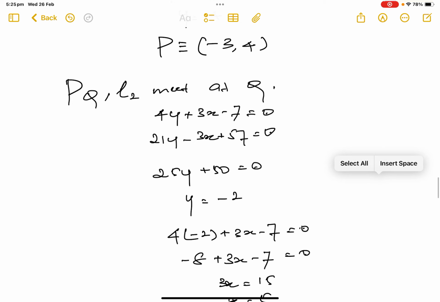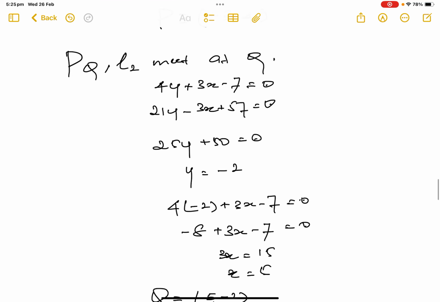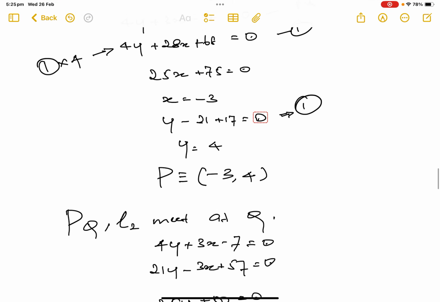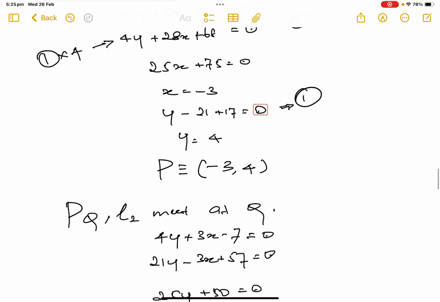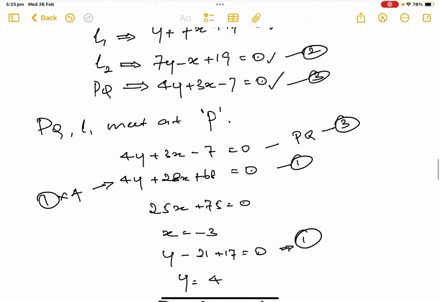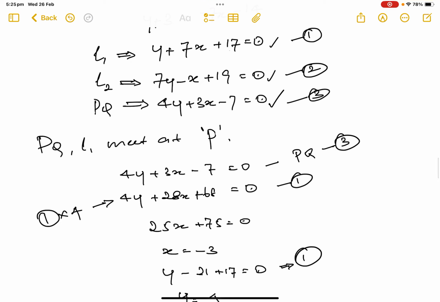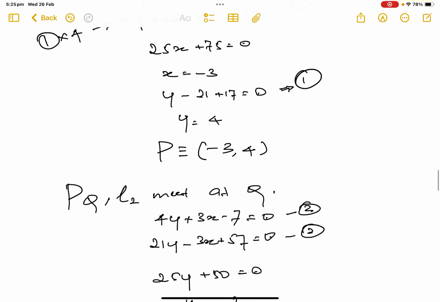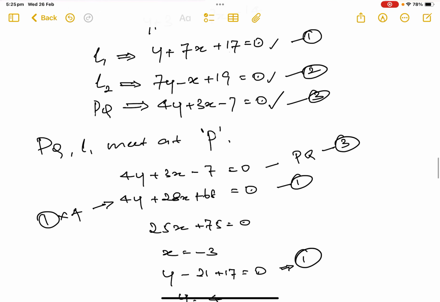Again, P, Q, and L meet at Q. So just two equations, 4y plus 3x is equation 3, and equation 2. What I did, actually, I wanted to eliminate x because it is easier, so I just multiply by 3. The second one, yes, where there's x.